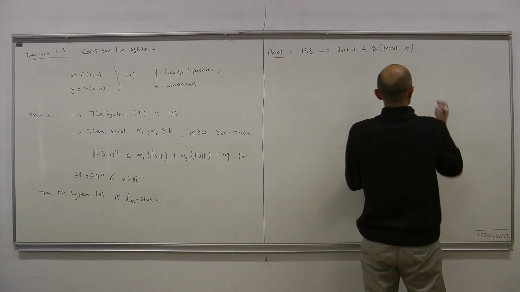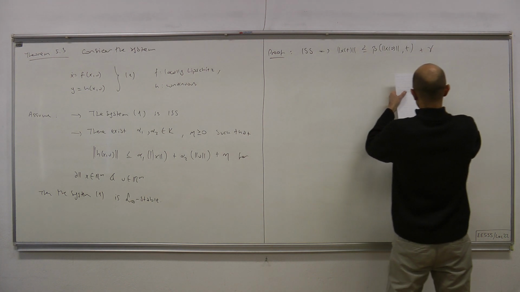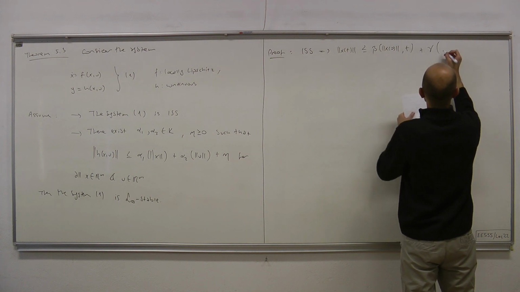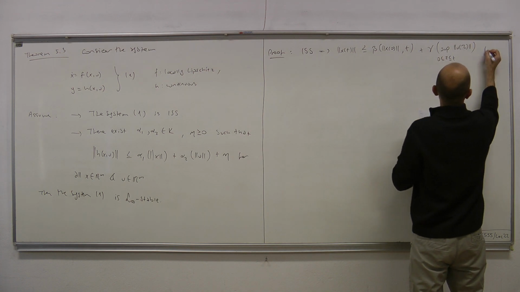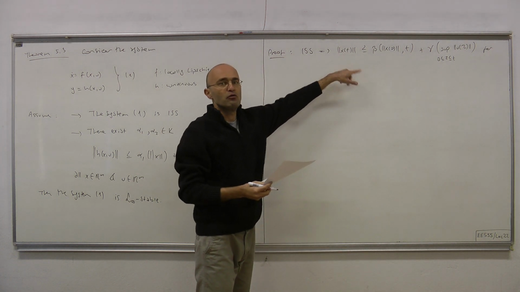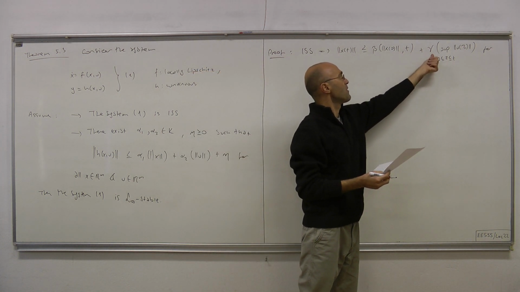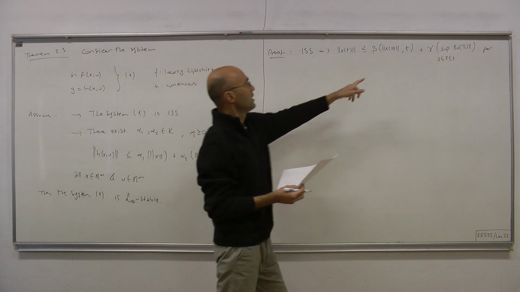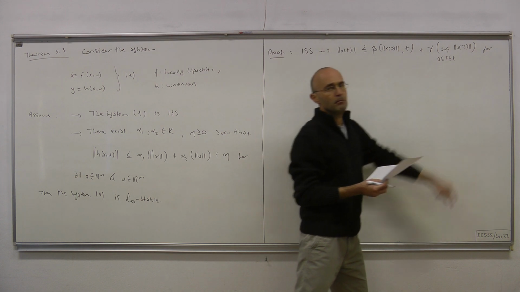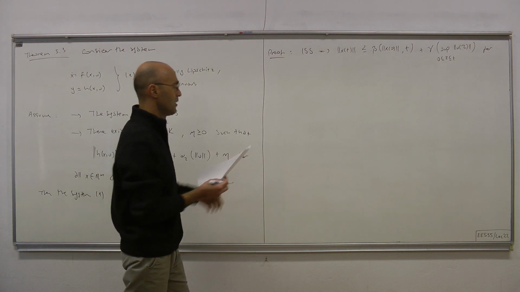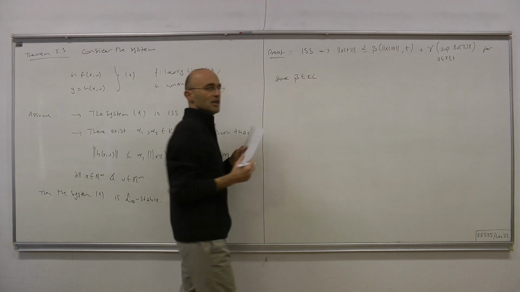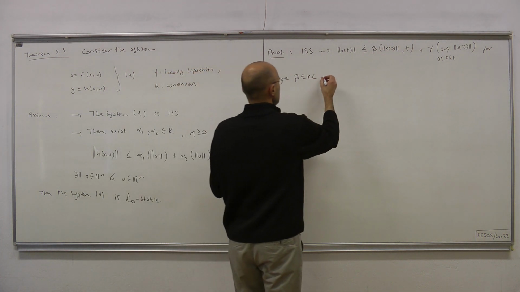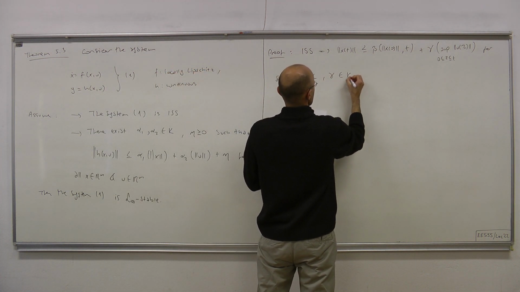Plus the term that describes the effect of the input, gamma of the sup over tau in [0, t] of the norm of the input. And this inequality is uniform in the sense that this class KL function and that class K function are independent of the initial condition and also the input that you're driving the system with, for some beta class KL function and gamma class K function.